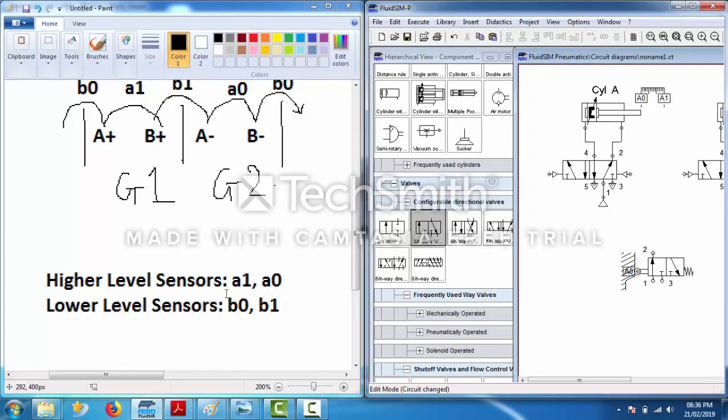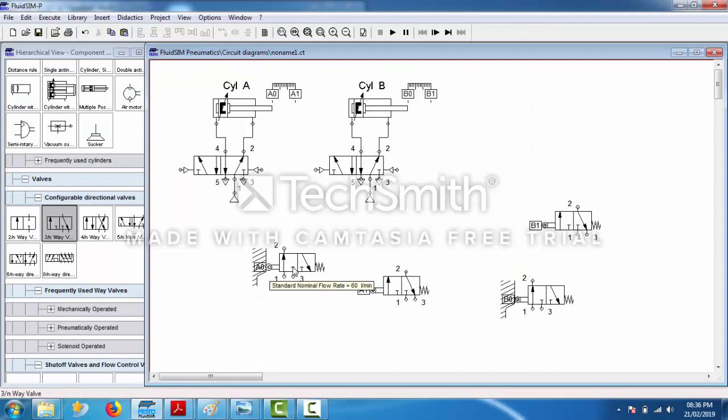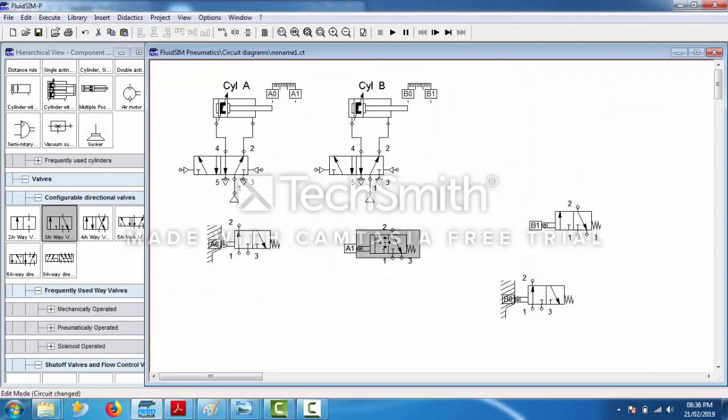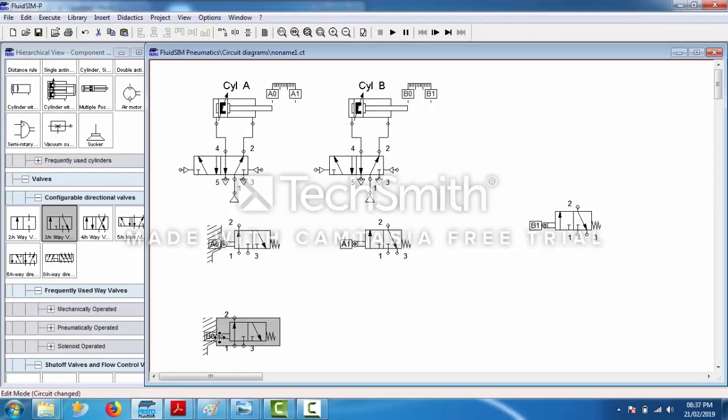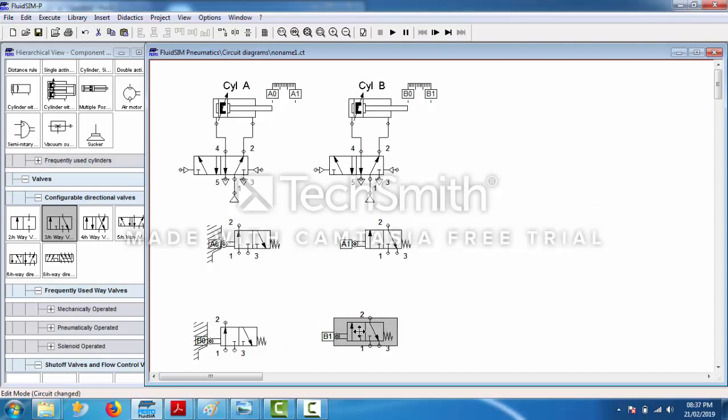The higher level sensors, as the name suggests, are at a higher level, and the lower level sensors, as the name suggests, are at a lower level. So which are the higher level sensors? A1 and A0, and the lower level B0 and B1. So put the higher level sensors up, put the lower level sensors down.